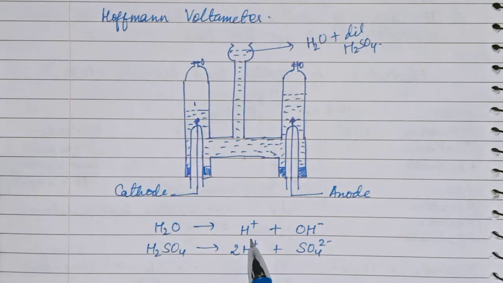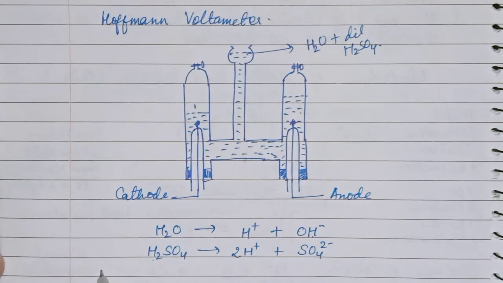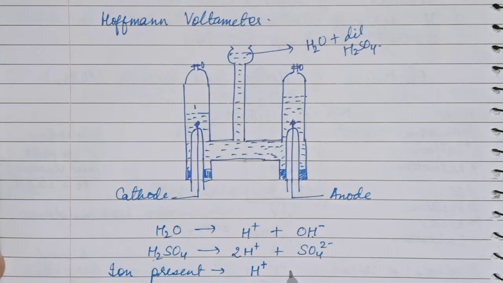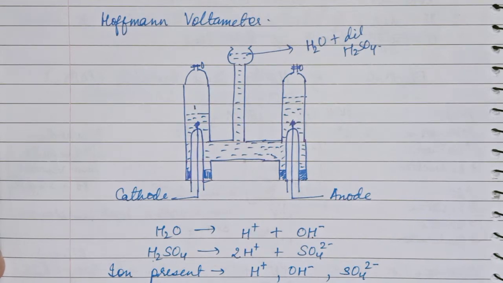Water dissociates into H plus and OH minus ions, and sulfuric acid dissociates into 2H plus and SO4 2 minus ions. So the ions present in the solution are H plus, OH minus and SO4 2 minus. Three types of ions are there.